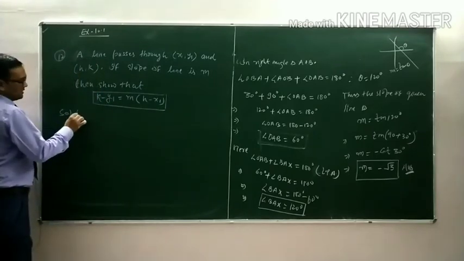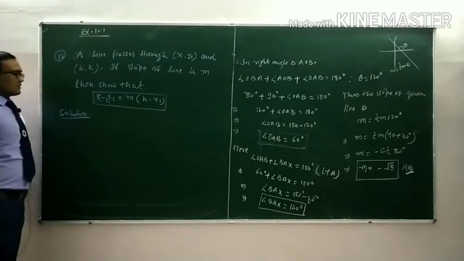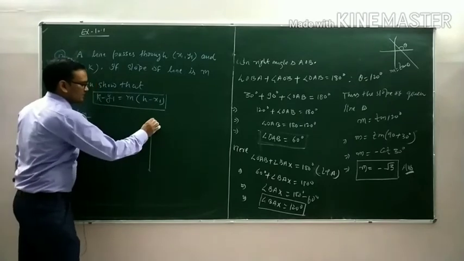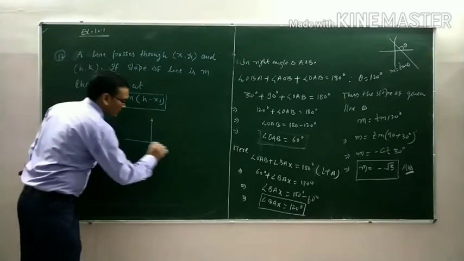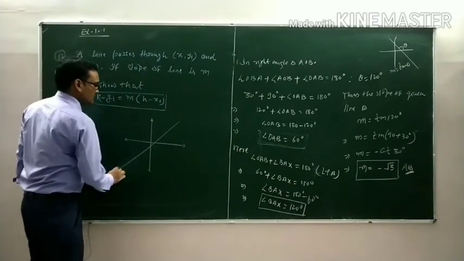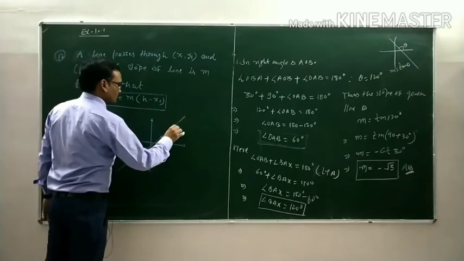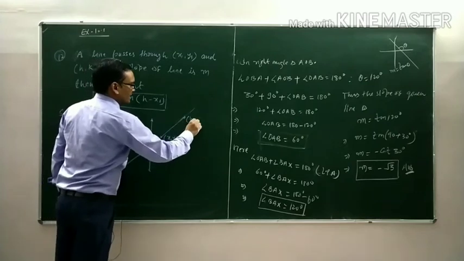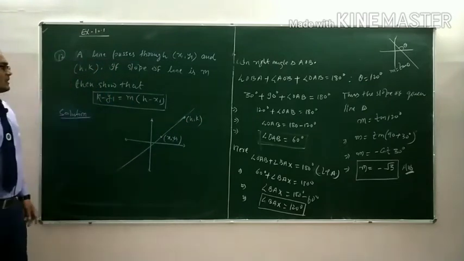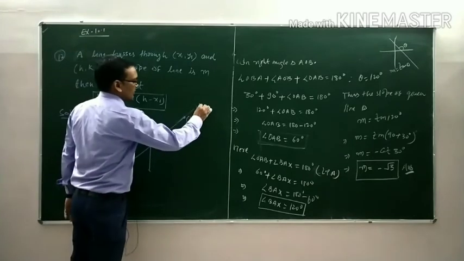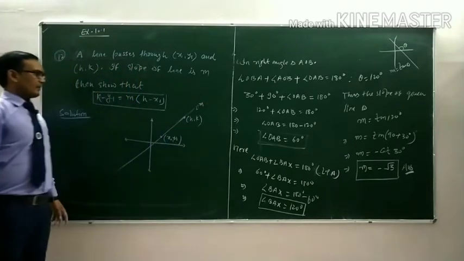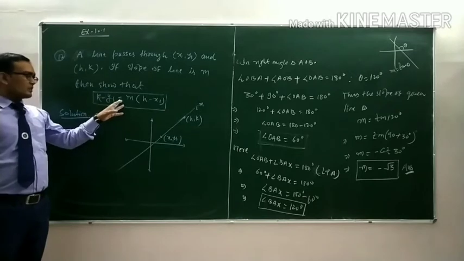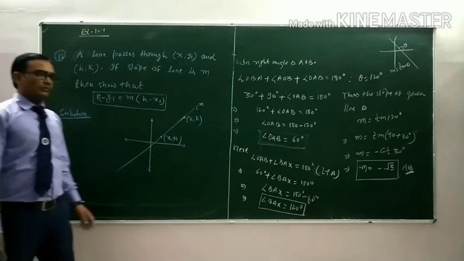Okay students, in this question it is given that the line passes through two points, one is x1 comma y1 and the next is h comma k, and the slope of the line is m. Then show that k minus y1 equals m into h minus x1.